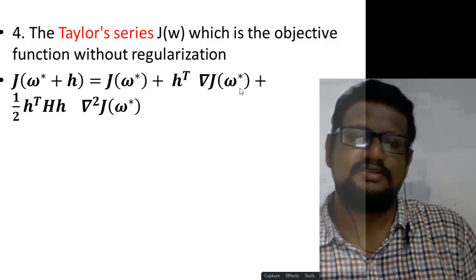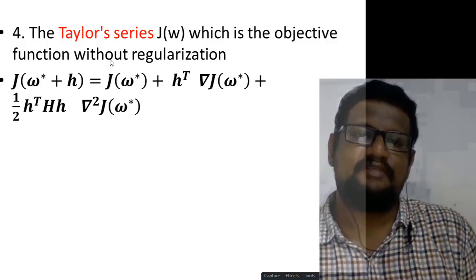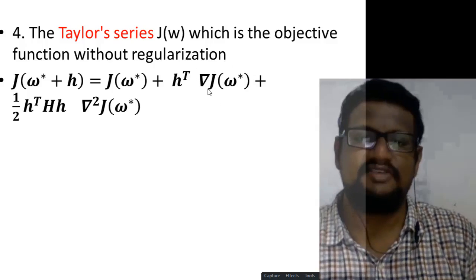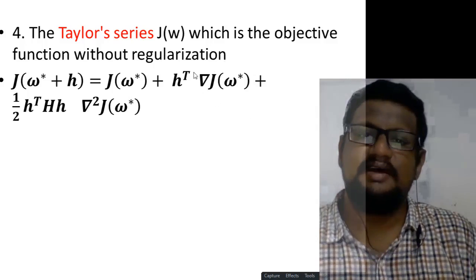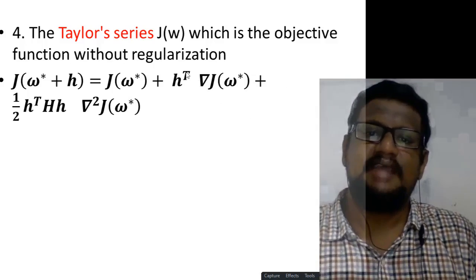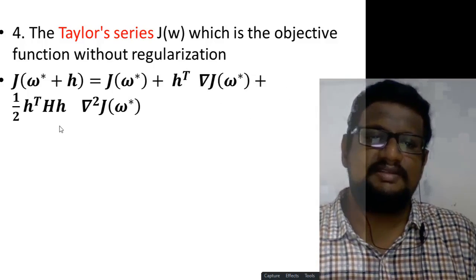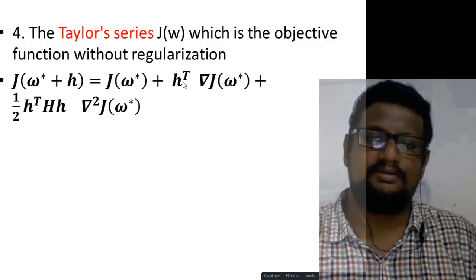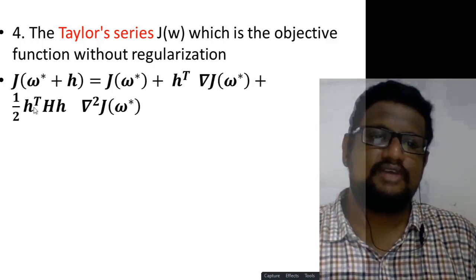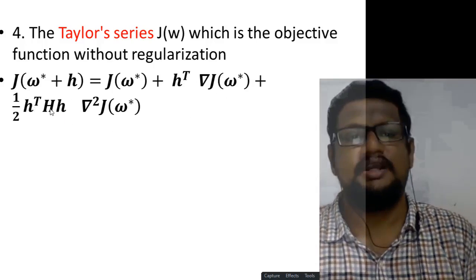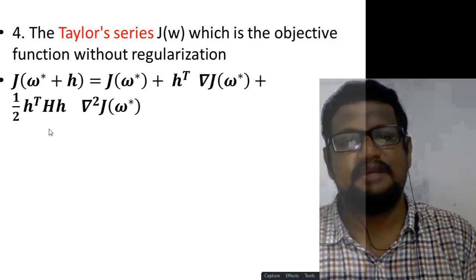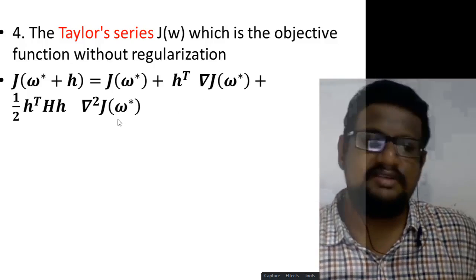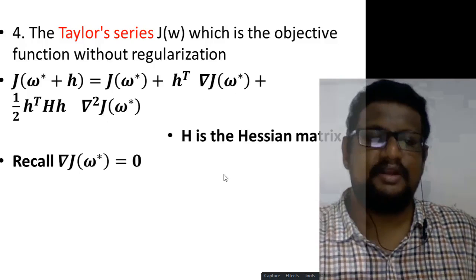You do the approximation like we derived in the Taylor series before: after the first term f of a, the second term is f dash of a, that is the differentiation, multiplied with a, and then next with a square. So h transpose H into h, and here you have to note that this H is nothing but the Hessian matrix. This del J of omega star is f dash of a, and this is f double dash of a, as I already told.